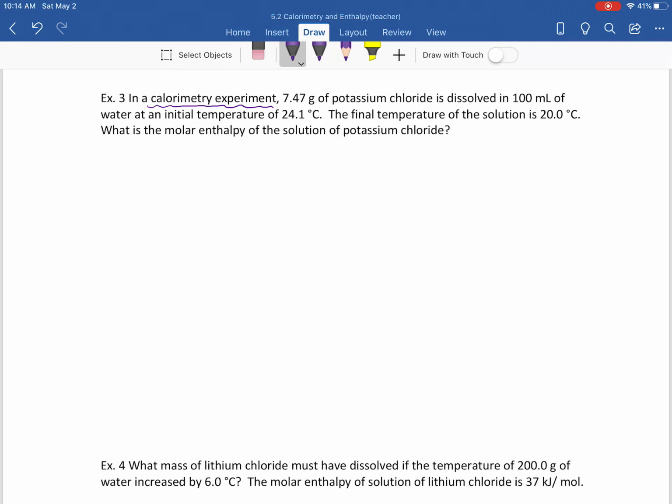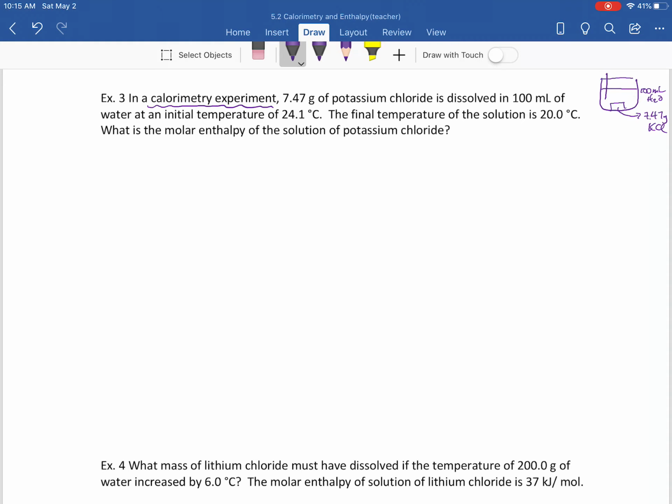We've got 7.47 grams of potassium chloride, and I'm going to draw it here. Here's our calorimeter. We'll have a lid because we know it's an isolated system, and the potassium chloride is dissolved in 100 mL of water. Here's my water, my 100 mL, and here is my 7.47 grams of potassium chloride.